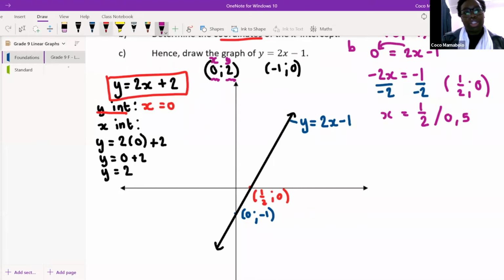Okay, then let me ask you, if I wanted to find my x-intercept, what would I have to do? You'd have to make y 0. Good, y is equal to 0. So here I'm going to replace this y over here with 0. So I'm going to have 0 is equal to 2x plus 2.